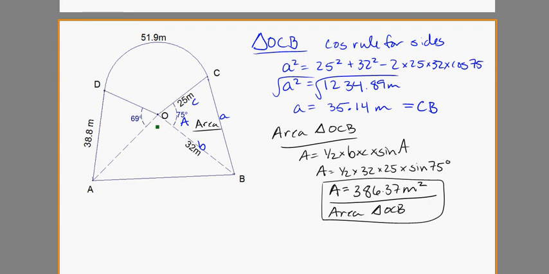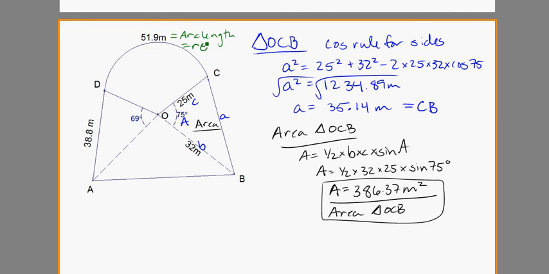I don't know much about this triangle here. I only have one side, no angle, and I don't have the two other sides' information, so not much there. Here I've got an arc length of 59.1 meters. That's the arc length. My formula for that, again, is r theta.